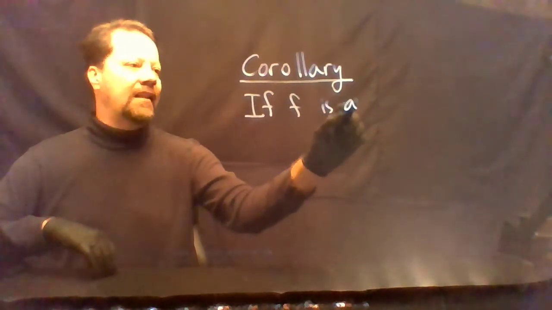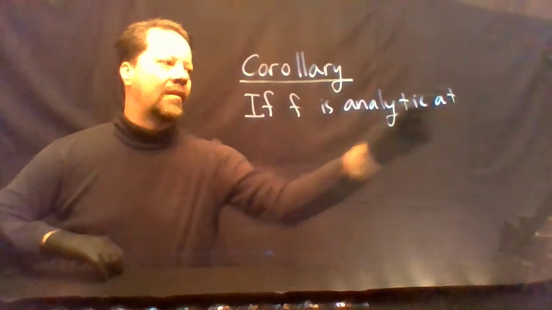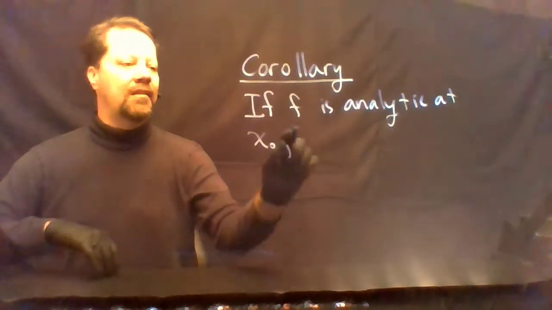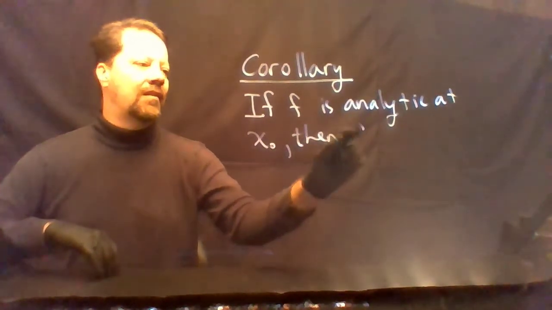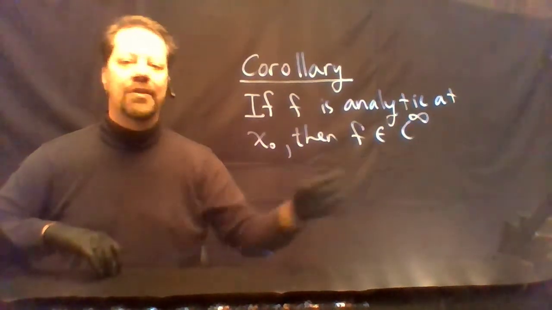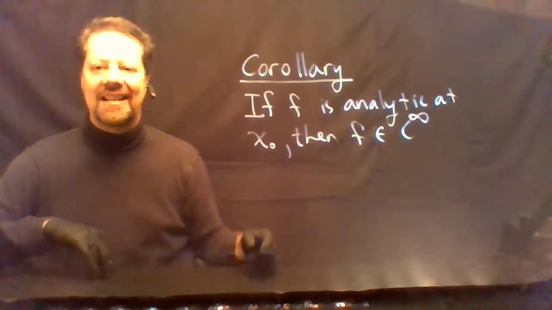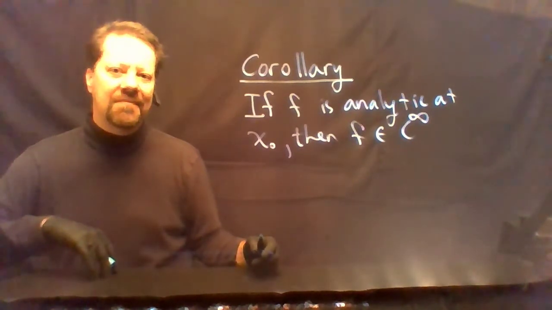If f is analytic at x0, then f is an element of the set of functions that are infinitely differentiable at x0. C infinity is the class of infinitely differentiable functions.